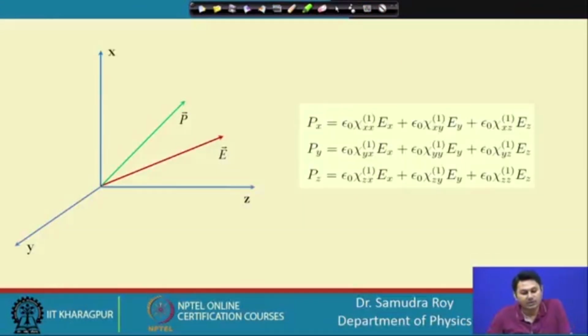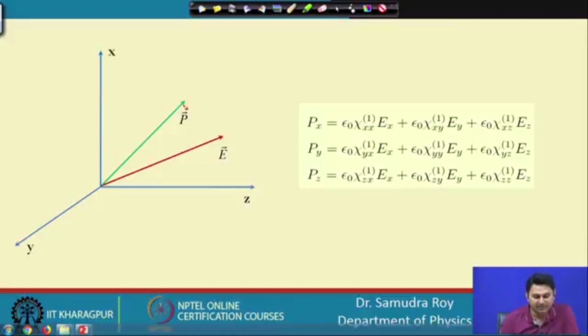Here we have a figure, and this figure tells everything. If I launch the electric field in one direction, and we are saying that P and E are not parallel to each other, that means P will be generated in a different direction. So, that means the dipole will arrange not in the direction of E, but in some other direction.